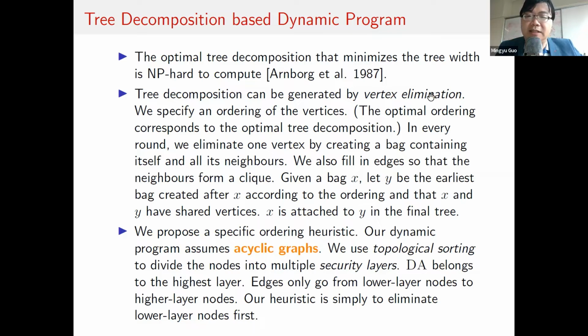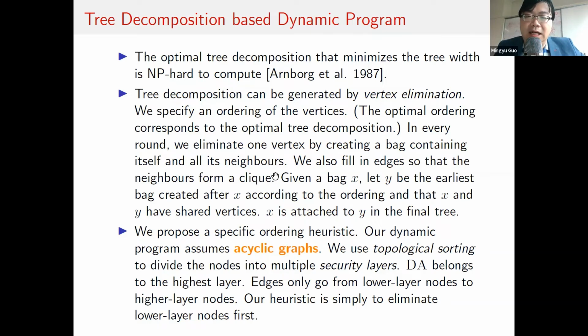The vertex elimination heuristic essentially says that you need to specify an ordering of the vertices. Once you specify an ordering, all you need to do is go over the vertices one by one. For each round, you eliminate one vertex by creating a bag containing itself and all its neighbors. And you also fill in missing edges so that the neighbors form a clique.